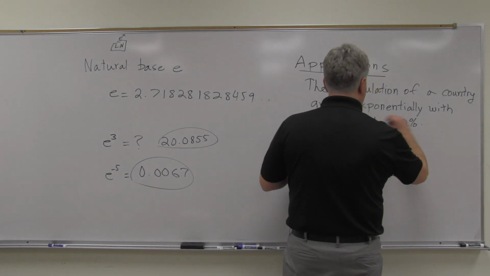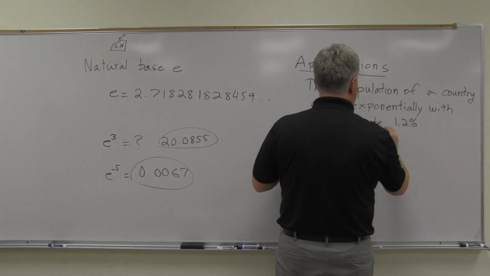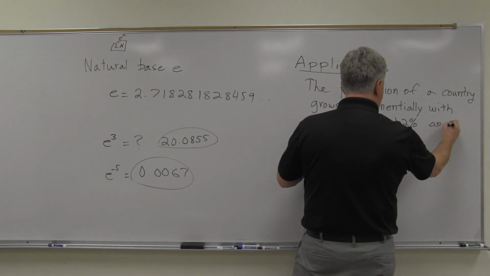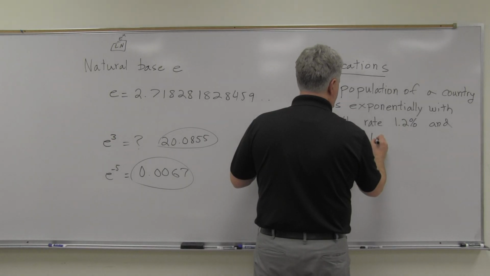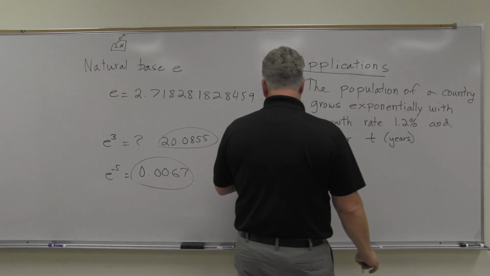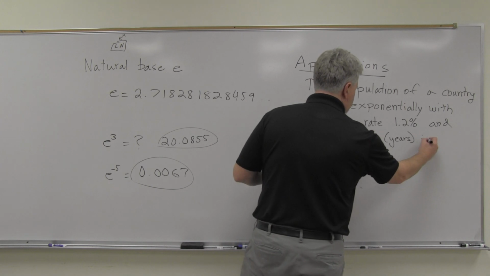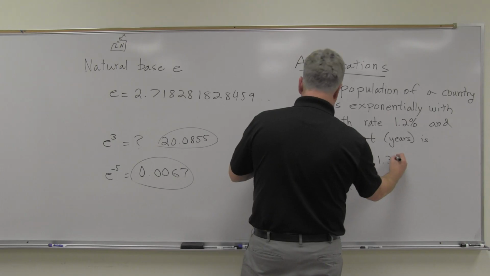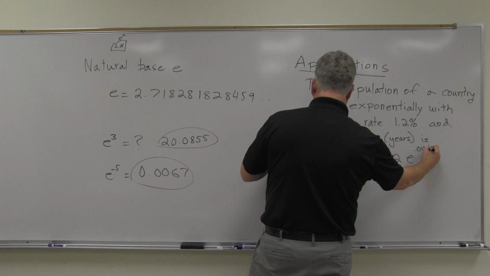All right. So here it is. The population after t years is P of t equals 1.32 e to the 0.012t.